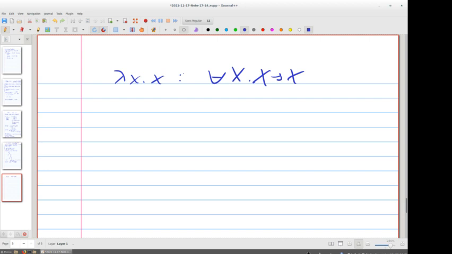So, you know, it could choose to give it the type num arrow num, right, or bool arrow bool, and those would actually be perfectly fine. This would be a well-typed term with those types. But there's this idea of the most general type possible.